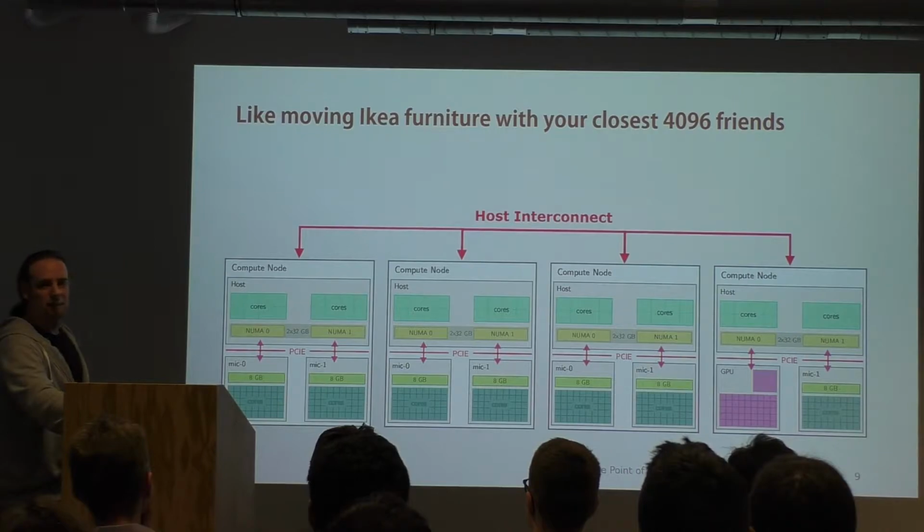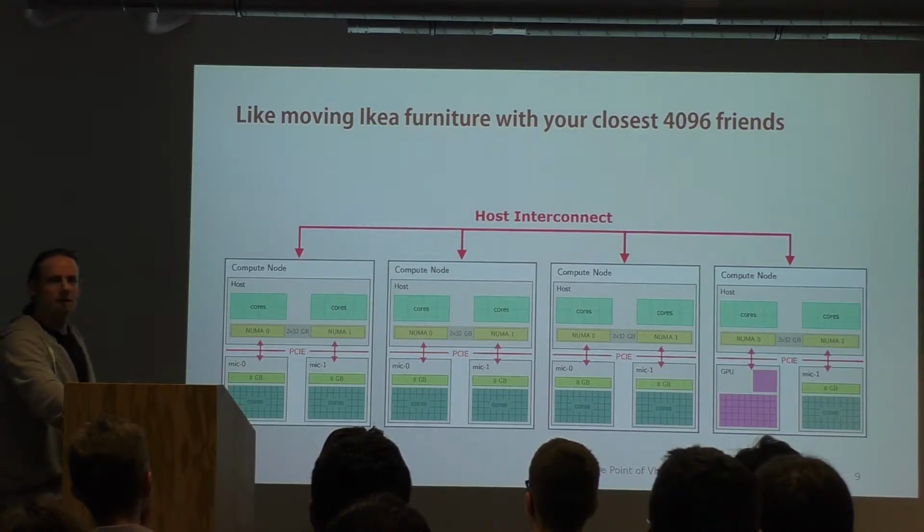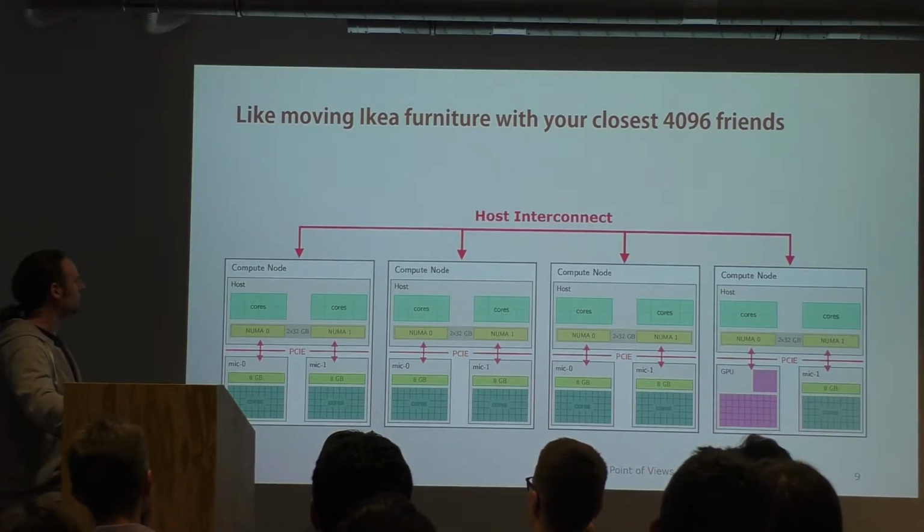Well, there is some sweet spot. Say, when 4 people are helping, it's okay. When 4,096 people are helping, it will be a bit messy. And this is exactly what we do in HPC. So this is a rough wrap-up of the problems we have in general.